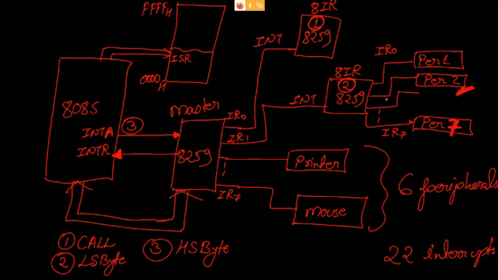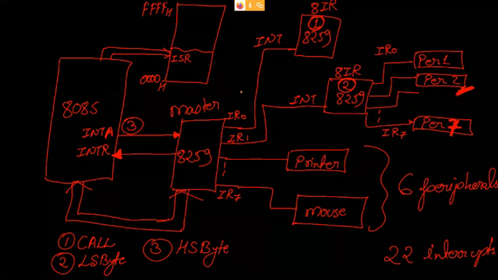How will the 8085 know that I have to serve this particular peripheral? So how are the rest of the lines connected so that the 8085 can know that? Now we are going to talk about how the master and slaves are actually handled, how the slaves can be identified, and how the interrupts from any particular slave can be identified.